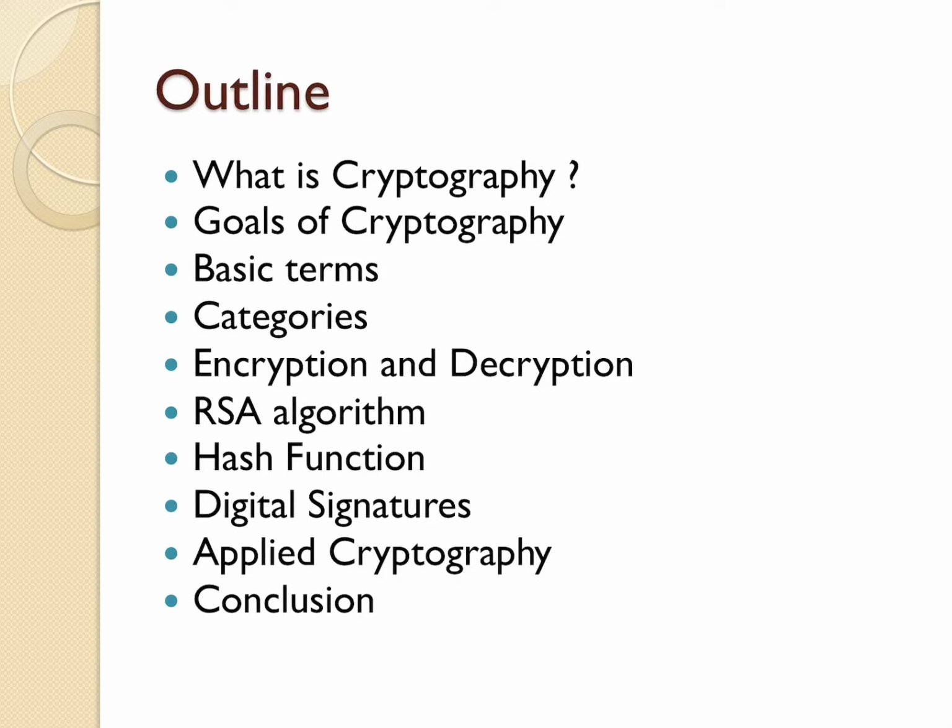Next we are going to see the categories in cryptography. There are two categories that we are going to see, symmetric and asymmetric. And next we are going to see the basic concepts of encryption and decryption using a block diagram. I will explain it very simply so that you can easily understand.